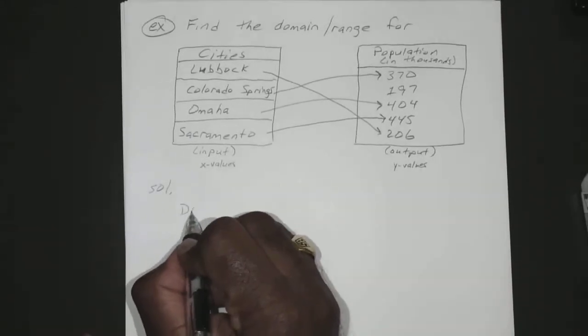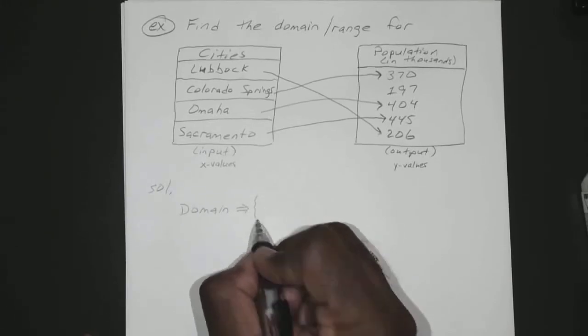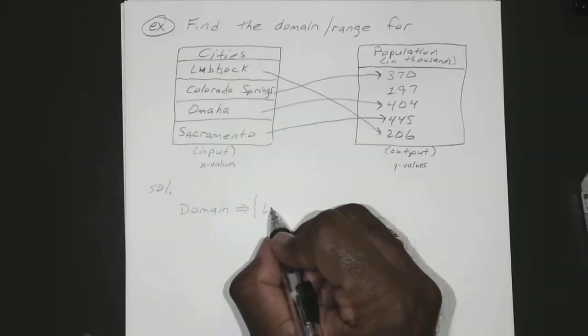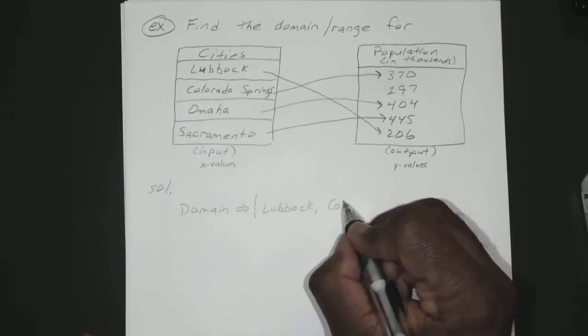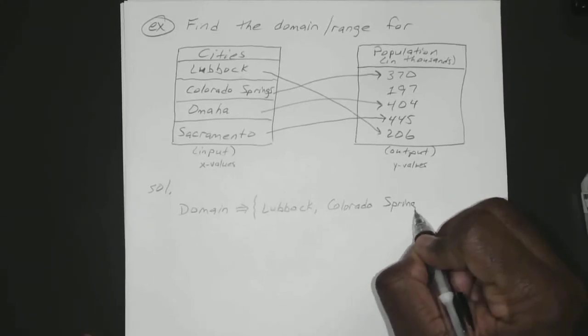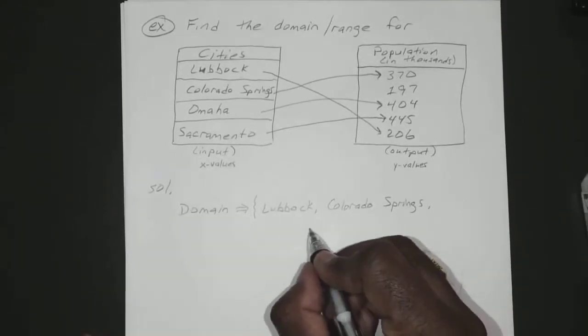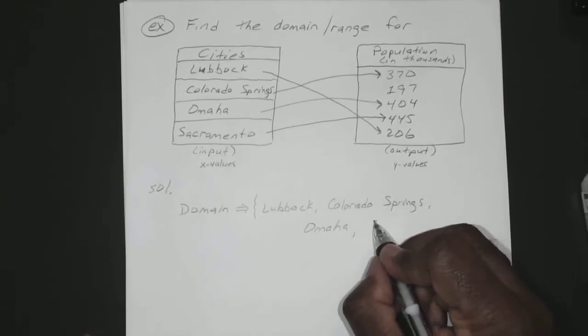Okay, so your domain is going to be Lubbock, Colorado Springs, Omaha, I'll put it under here since we're running out of room, and Sacramento.